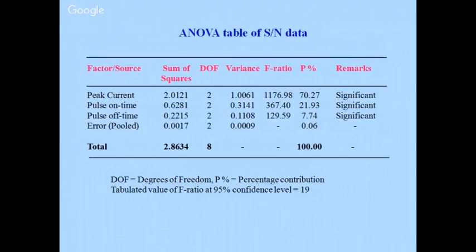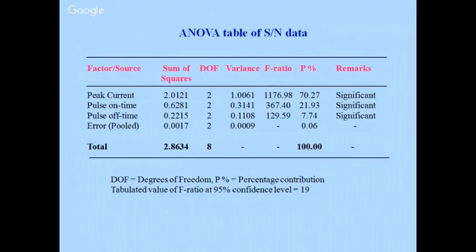You get this? This column is clear. Sum of squares column is clear. Degree of freedom I already told you. Variance is sum of squares divided by degree of freedom. F ratio is variance of that factor divided by the error variance.